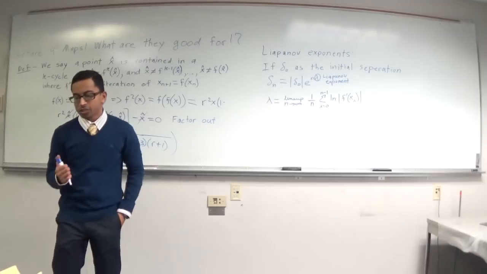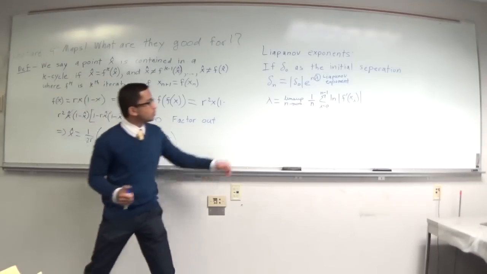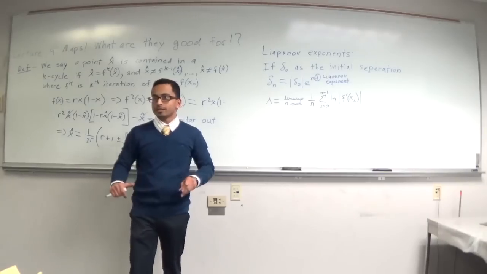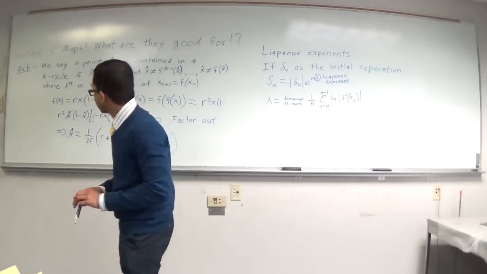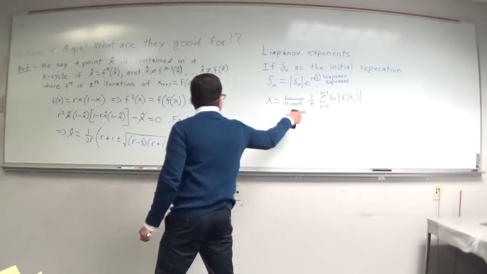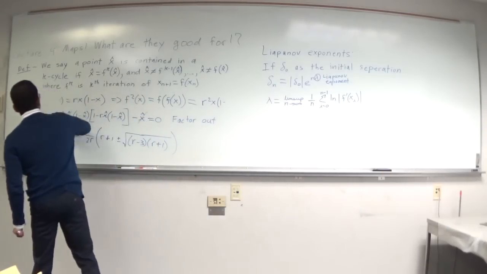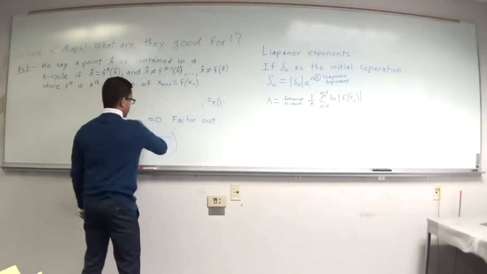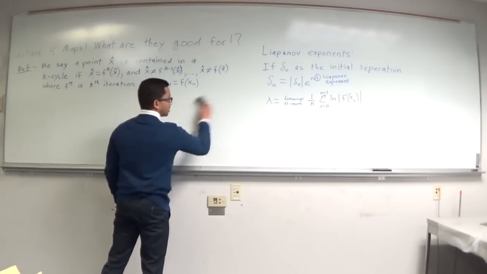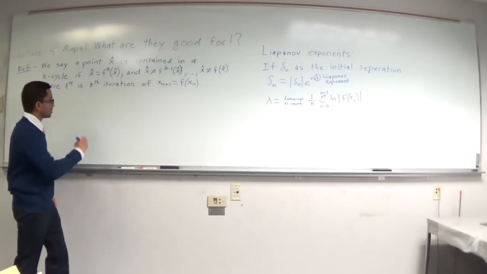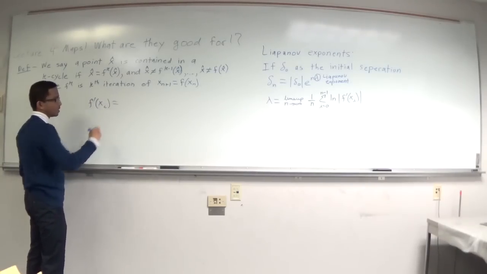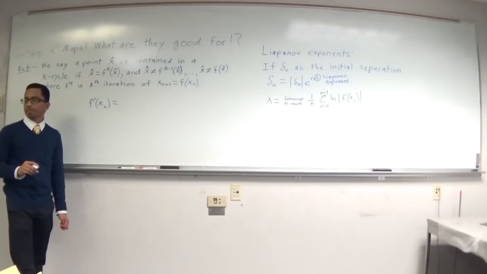So now let's figure out what this formula is going to be for the logistic map. What are we going to do? We need to calculate f prime. Do we have what f prime is in the notes? What do we get for f prime? It was r minus 2rx, right?